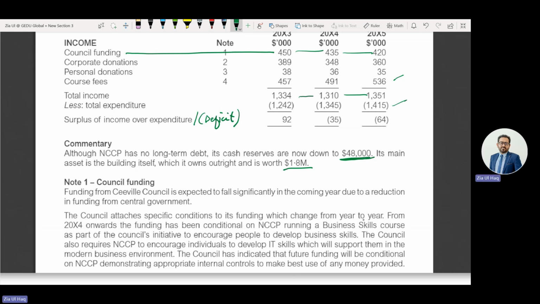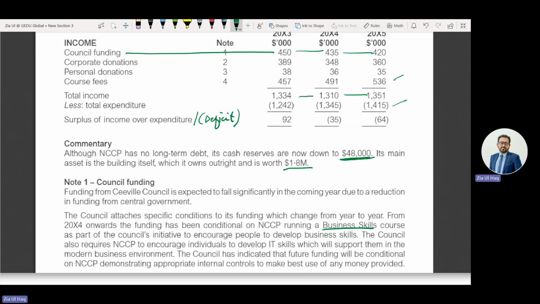And if we do not meet the conditions, there will be no funding. From 20x4 onward, the funding has been conditional on NCCP running a business skills course. You need to run a business skills course as part of the council's initiative to encourage people to develop business skills. That's why the company is running this course as well.